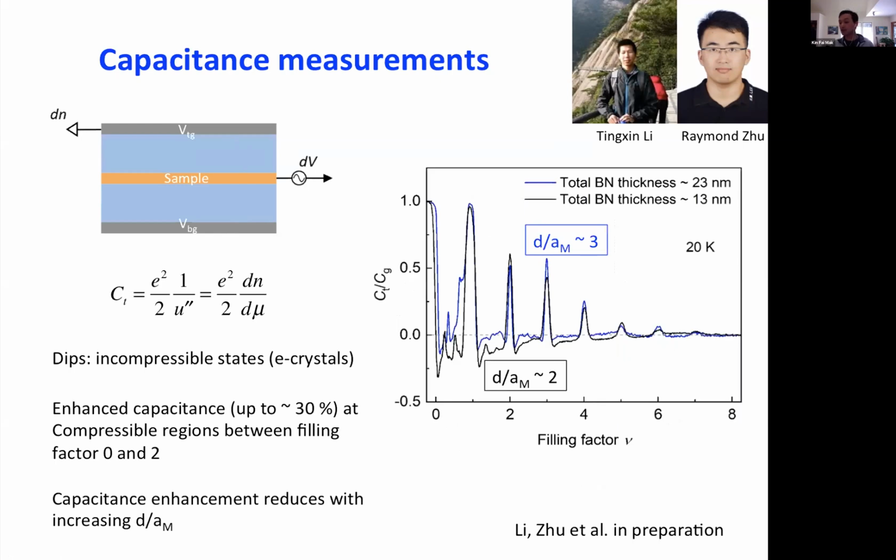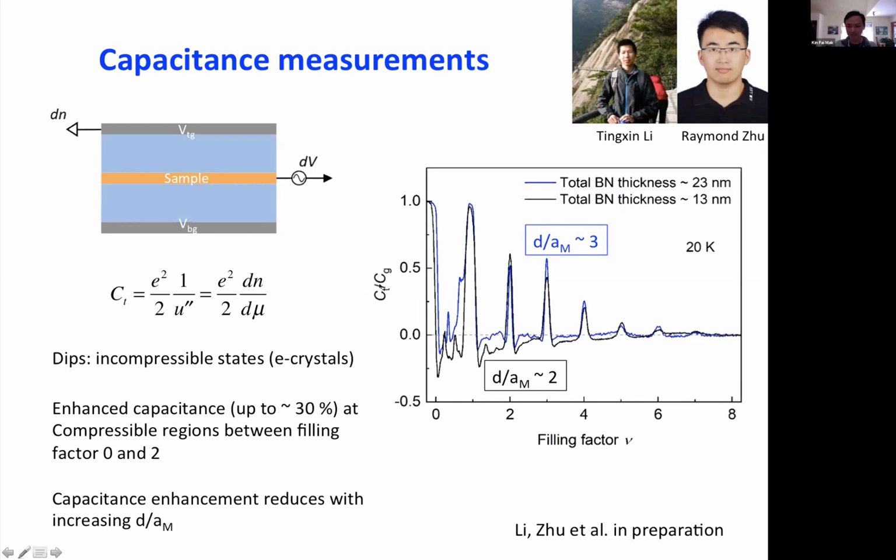We also checked how this measurement depends on the ratio of the gate-to-gate distance to the moiré period. This is showing d over the moiré period equal to 2, and this is d over the moiré period equal to 3, the blue line. When you increase the gate-to-gate distance, you will see that the capacitance, this is a penetration capacitance measurement, which you can convert to top gate capacitance by one minus this ratio.